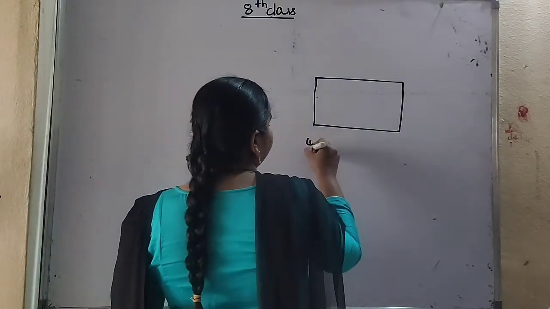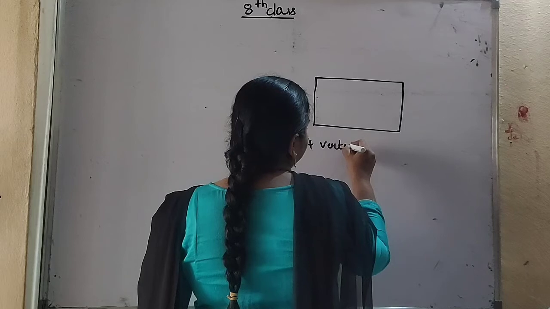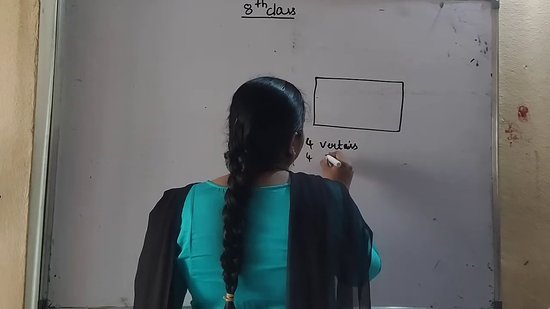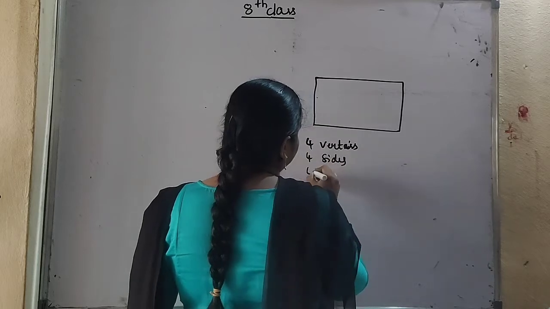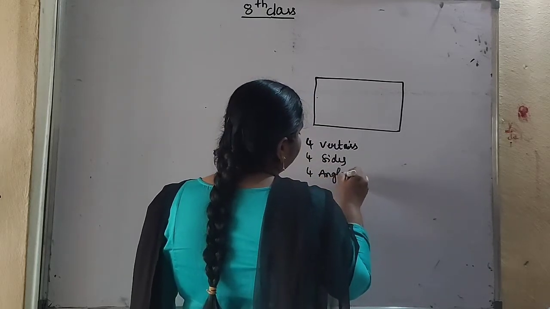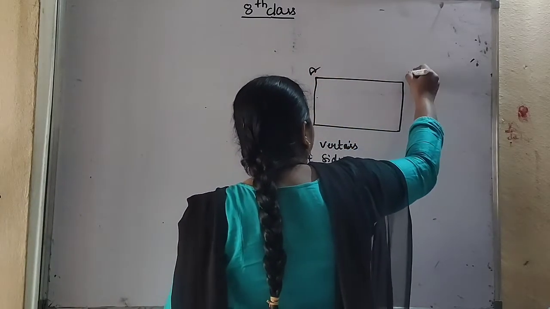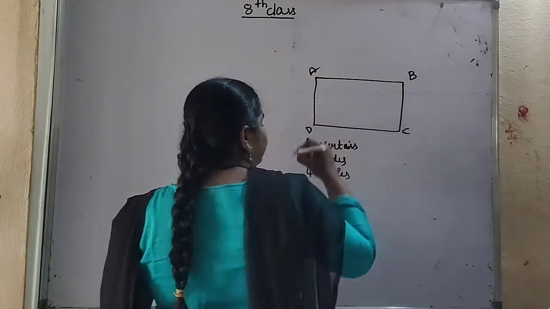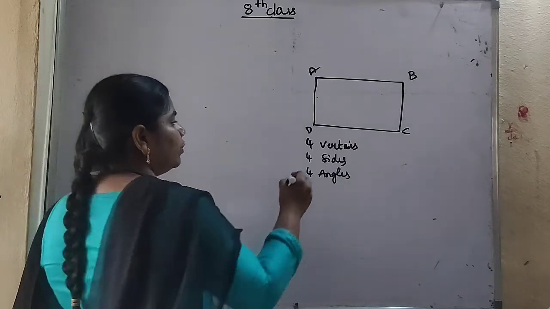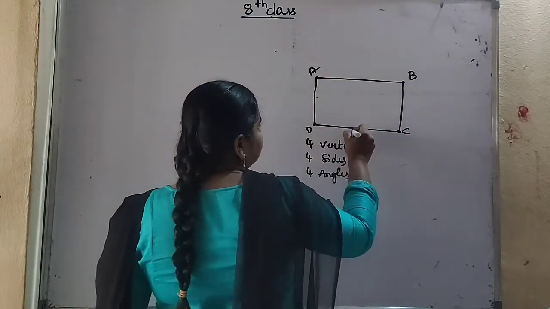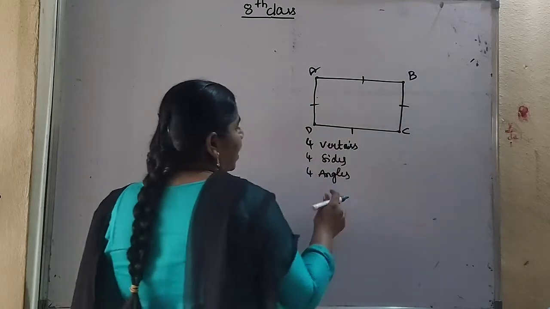We have four vertices, four sides, four angles. Here I am taking it as A, B, C, D. So it has four vertices, four sides and four angles.